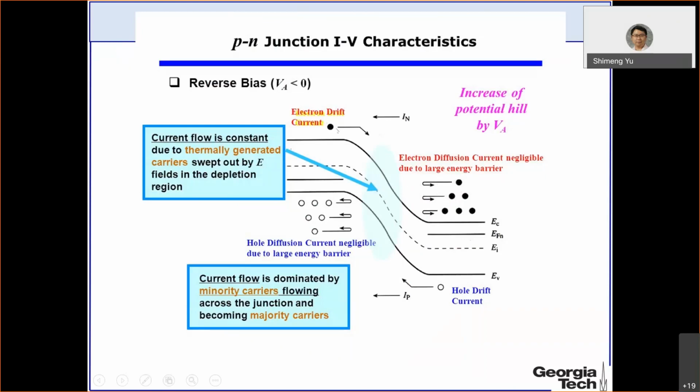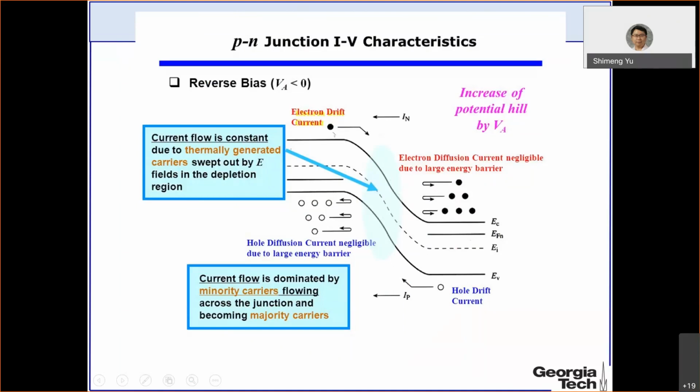And then for the drift current here, you have minority electrons here, so this electron still will fall down the slope. So this is a drift, and drift current will dominate in this case. But the drift current is very small in the reverse bias. Why is that?